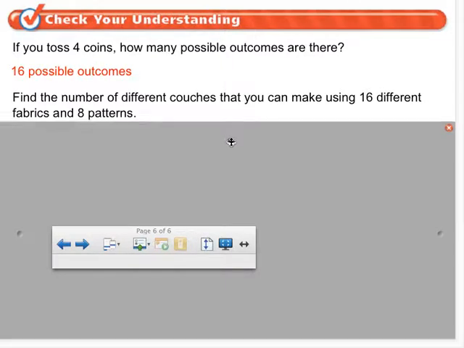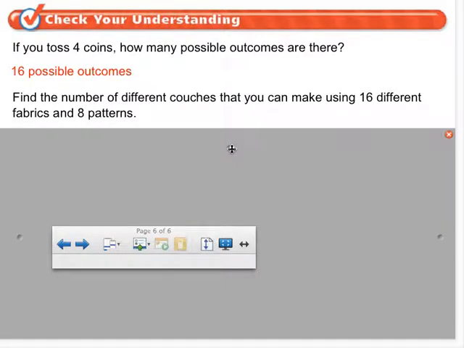How about this one? So, you have a furniture company. Find the number of different couches that you can make using 16 different fabrics and 8 different patterns. What do you do? 16 times 8. Can somebody tell me what that is? You got it, Anissa?